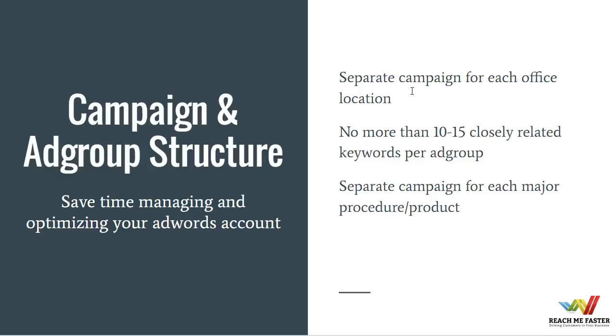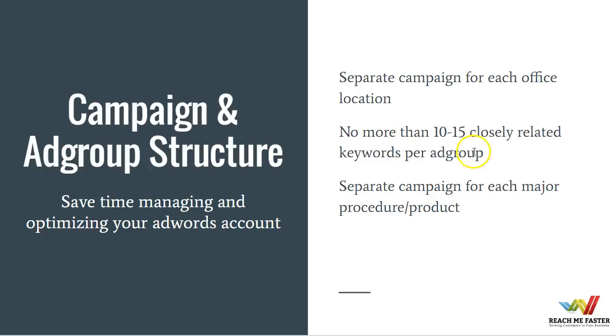You can also assign a different ad schedule to each campaign, because ad schedule can also only be activated at the campaign level. Because the most important things like ad schedule, budget, location, and language can only be selected at the campaign level, it is recommended that you create a separate campaign for each office location.